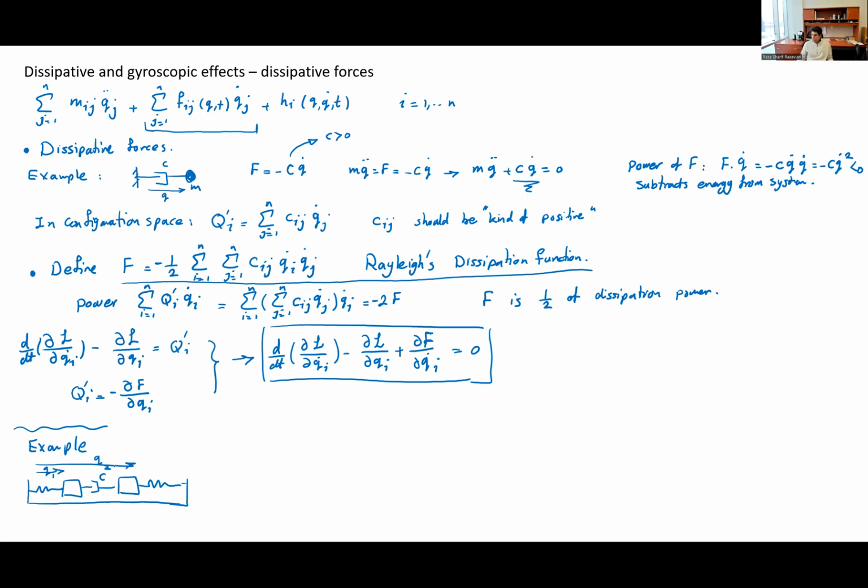Option one is to find the force of this damper and translate that into generalized coordinates, which in this case isn't too bad.